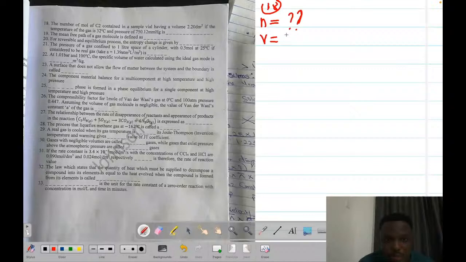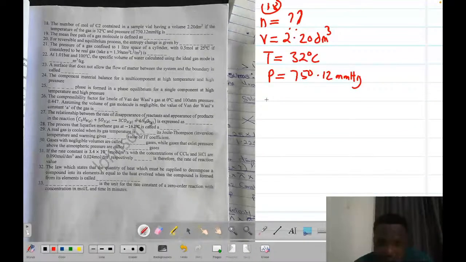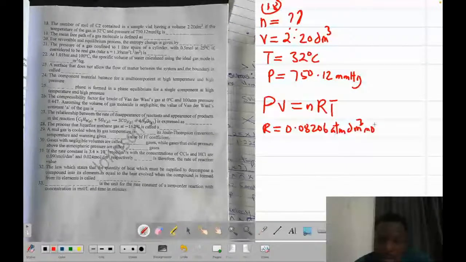The volume is 2.20 dm cube. That is actually PV equals nRT, with R in the parameters per mole per Kelvin. The pressure is in ATM, the volume is in dm cube, which corresponds already.